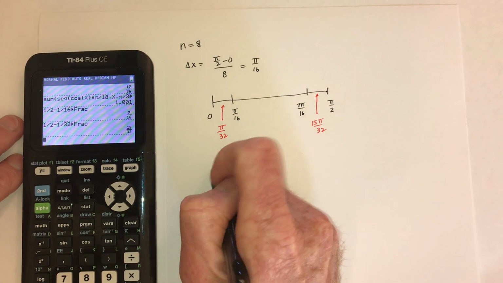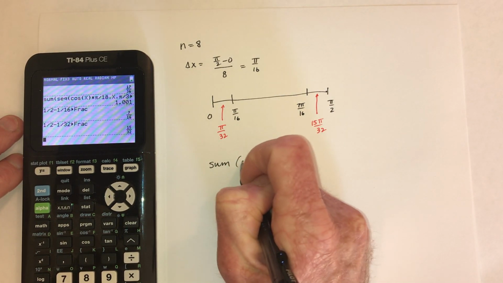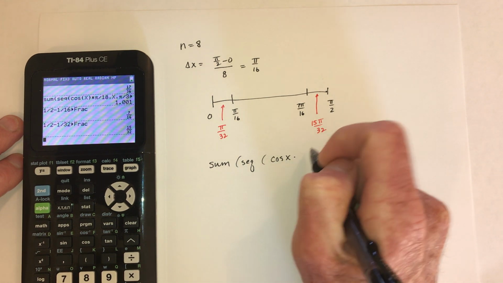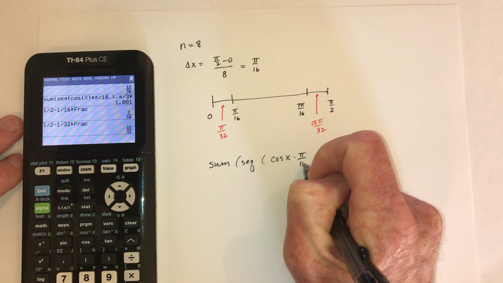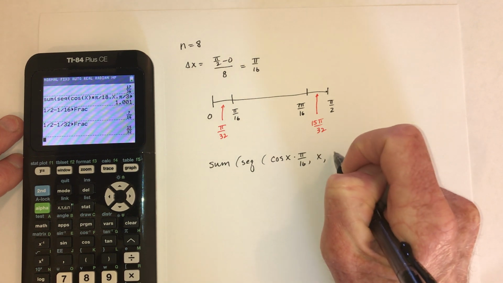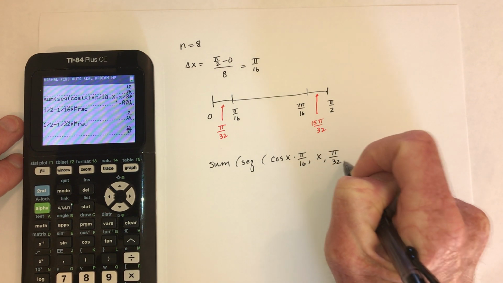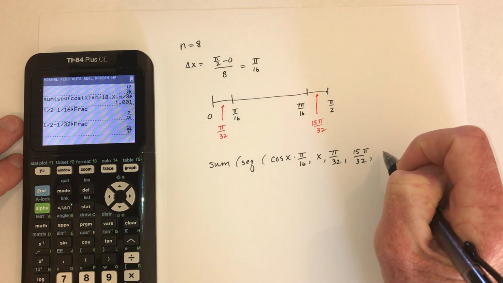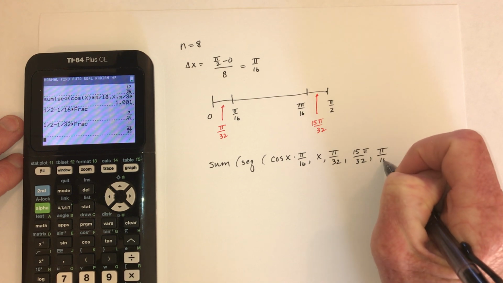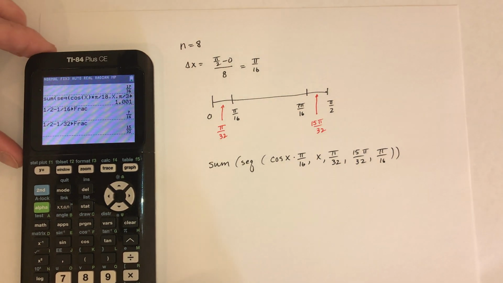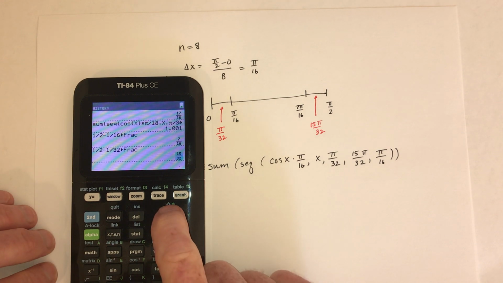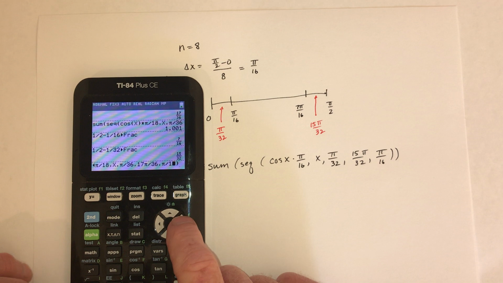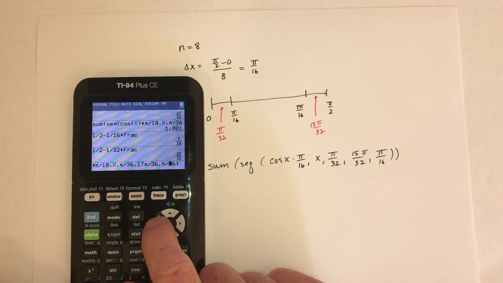So then that one will be sum the sequence, then it's cosine of x times pi over 16, the delta x, and then x goes from pi over 32 to 15 pi over 32, and then the last thing is delta x. So again, you could type it in again, or you could just get one of the old ones and just go change a few of the numbers.